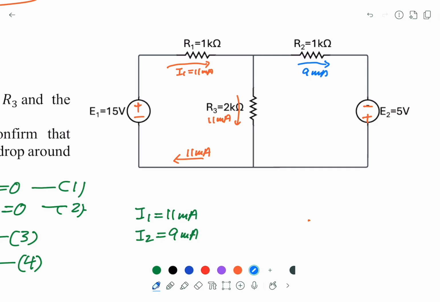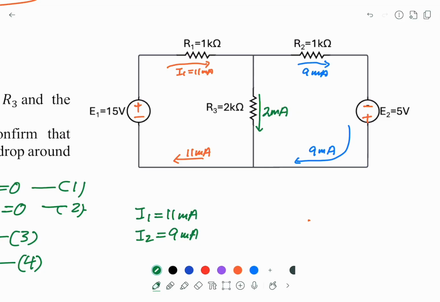This is 9 milliamp, and also this is 9 milliamp. Now you can see 11 milliamp from top to bottom is larger than 9 milliamp from bottom to top. So overall we can say the current here is 2 milliamp from top to bottom.